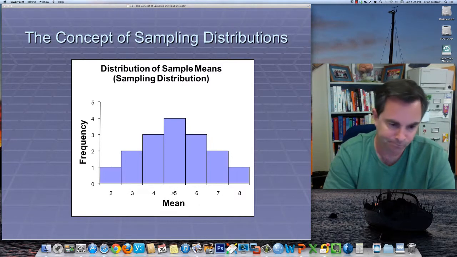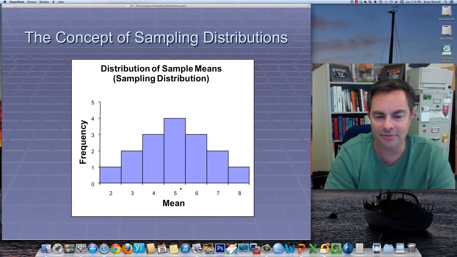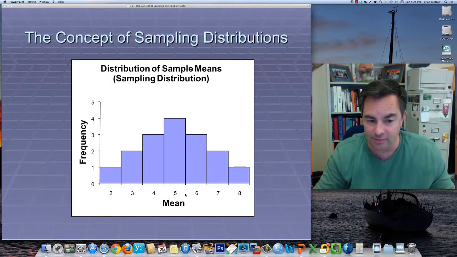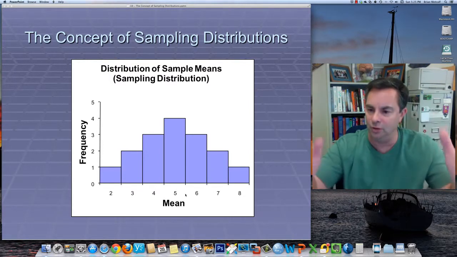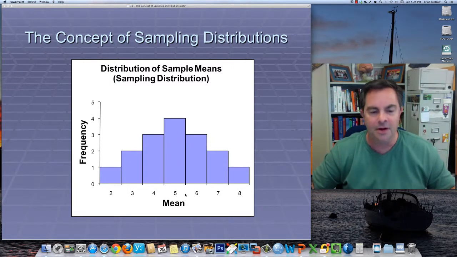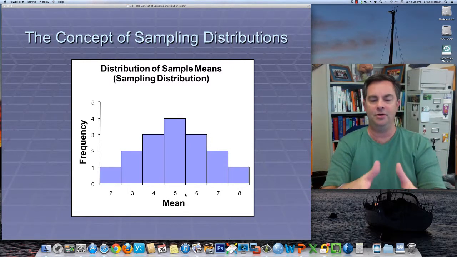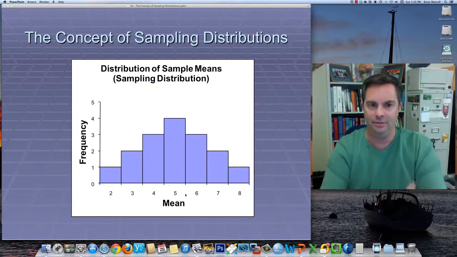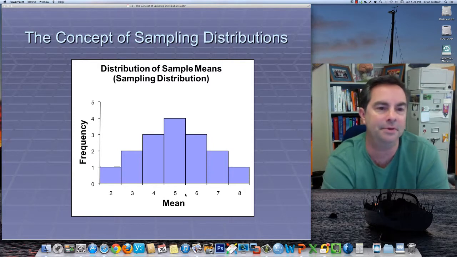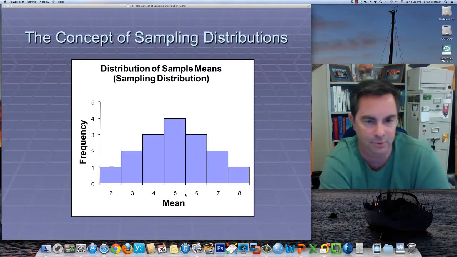The further away you got from a mean of 5, the less likely it is, just like in the concept of a normal distribution. The further away you get from the mean, the less likely it becomes. The closer to the mean you are in your score, the more frequent that happens. All right, so here's a sampling distribution of those sample means.